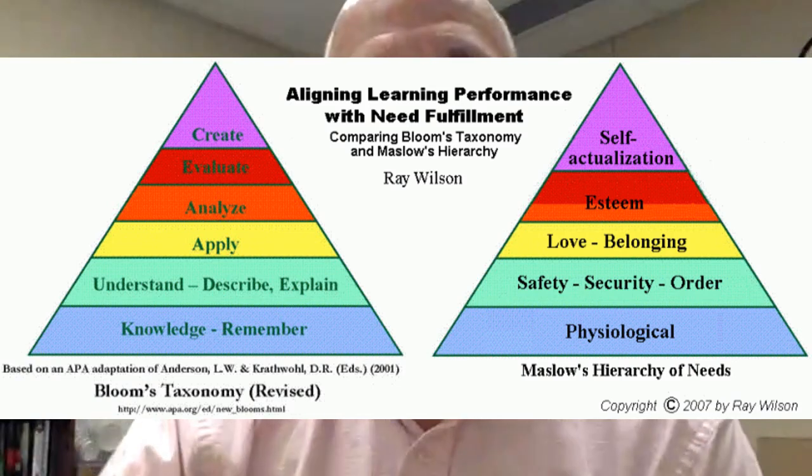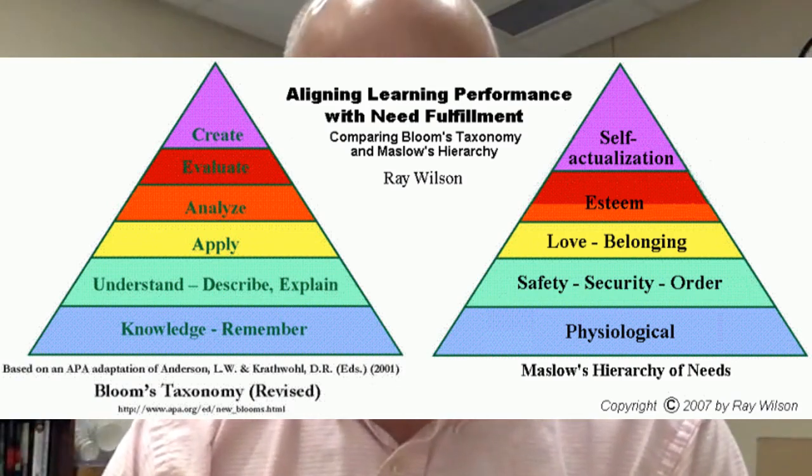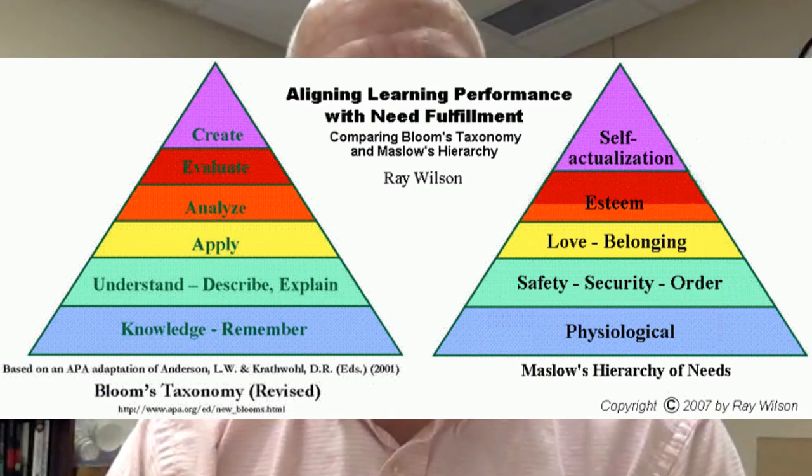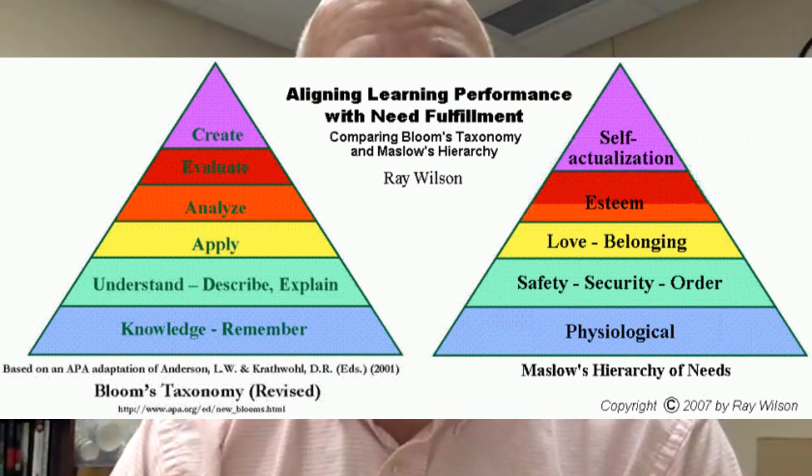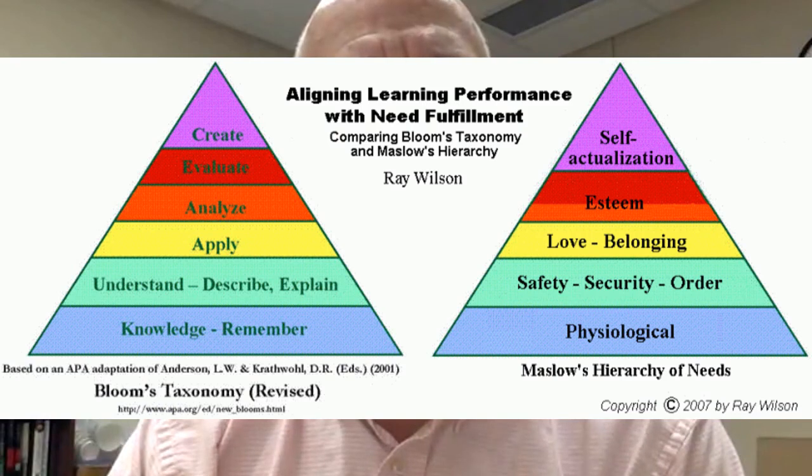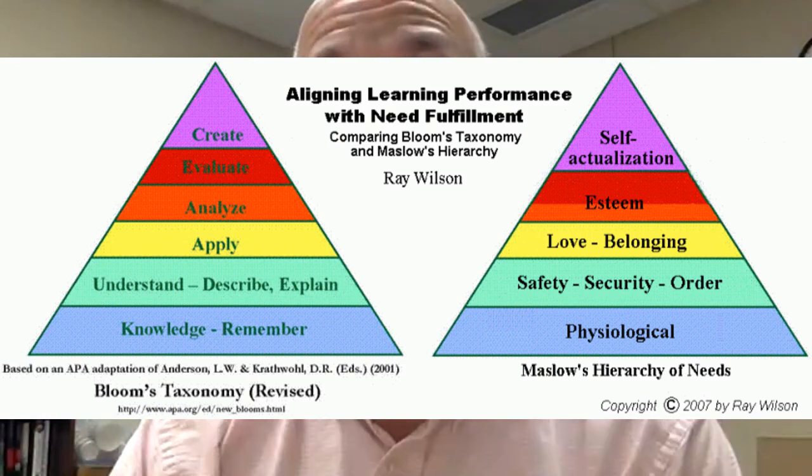And so where this kind of bunches up with Bloom's, as you can see here, is if a kid feels as though their Maslow's hierarchy of needs have been met, then they're going to be willing to go up the pyramid of Bloom's taxonomy, whereas they're not just understanding and applying something, but they're able to take it to a higher level of thinking.